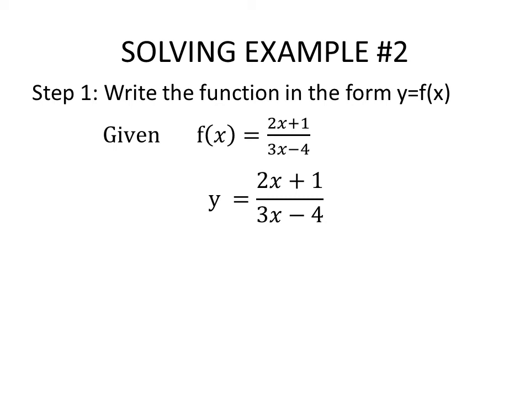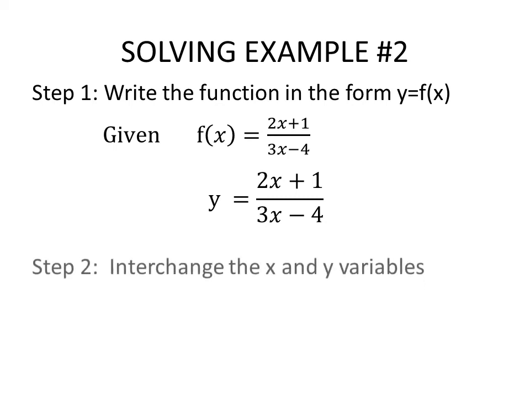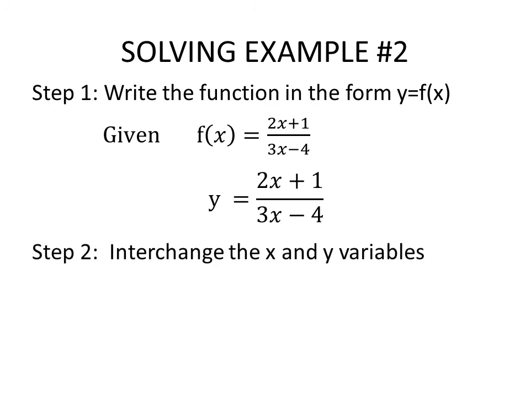That is step number 1. Step number 2. Interchange the x and the y variables. y becomes x and x becomes y. So you will have then x is equals to 2y plus 1 over 3y minus 4.